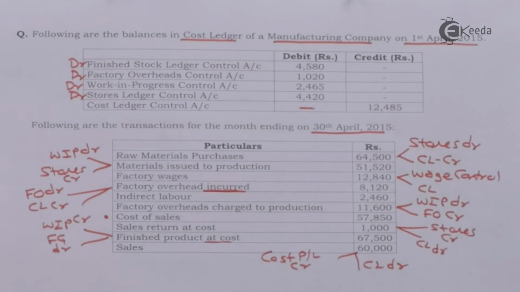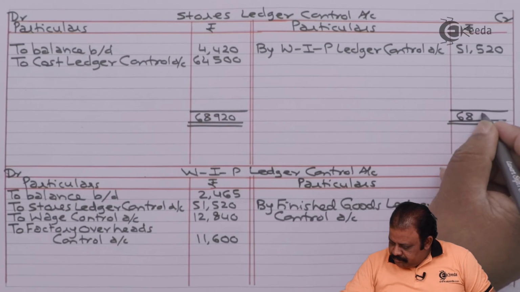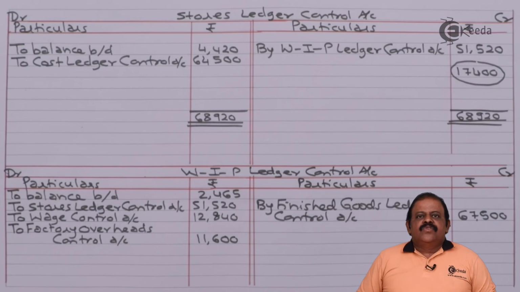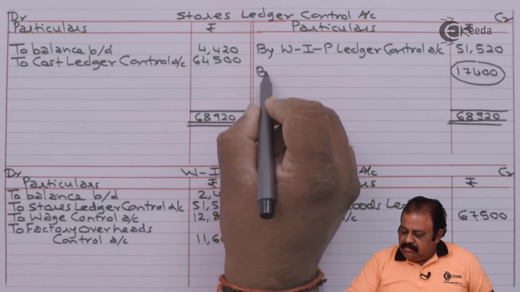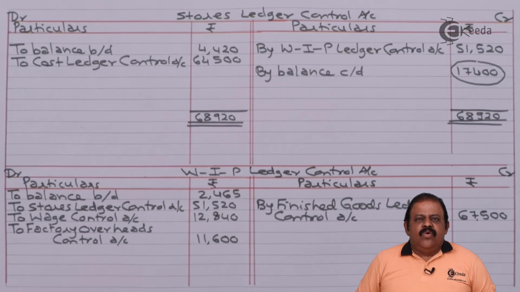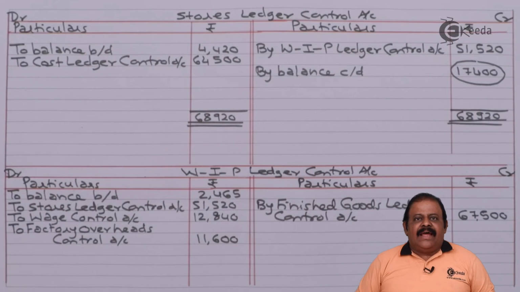Let us go for now closing all ledger accounts. In the stores ledger, we are getting a balancing figure on the credit side. This is the closing balance of stores, which will then be transferred to the trial balance.